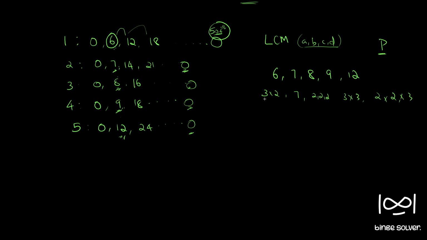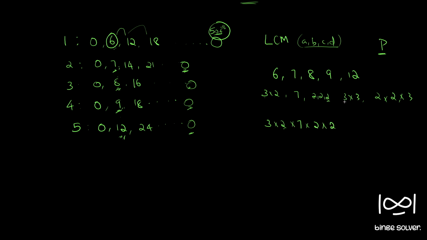Now pick up numbers that form these numbers with the minimum factors. Like we first pick 3 and 2, then we pick up 7. Here 2 is already there, so we don't have to take that. One more 2 is coming, so we take it, then one more 2. So here there are three 2s.